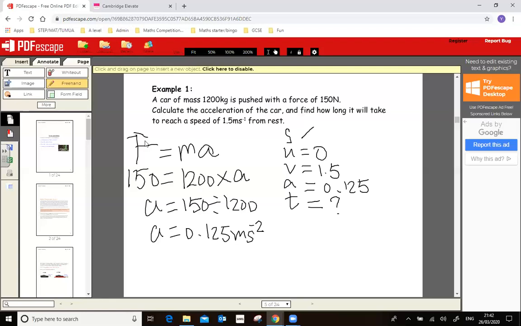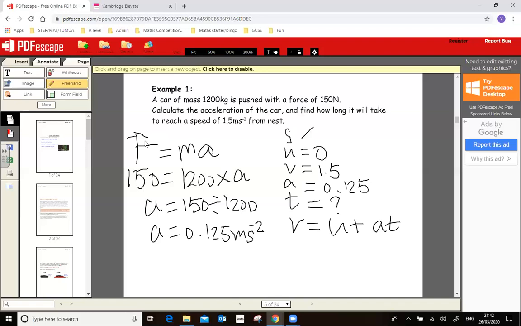Okay, so let's have a look at your SUVAT formulas and find a formula which does not involve S. Hopefully you can find out that the formula we're going to use is V equals U plus AT. So this is the formula we need to use.